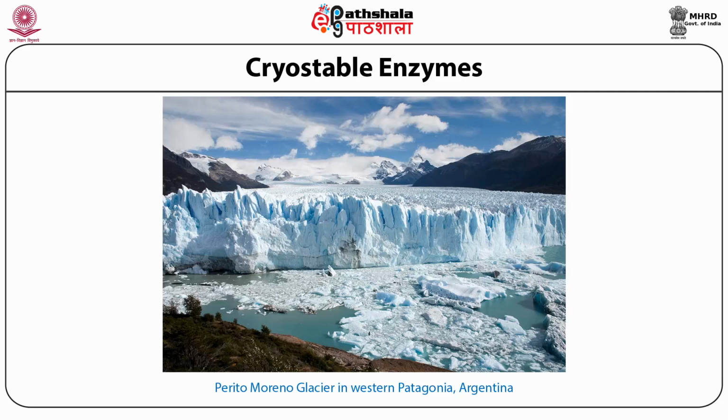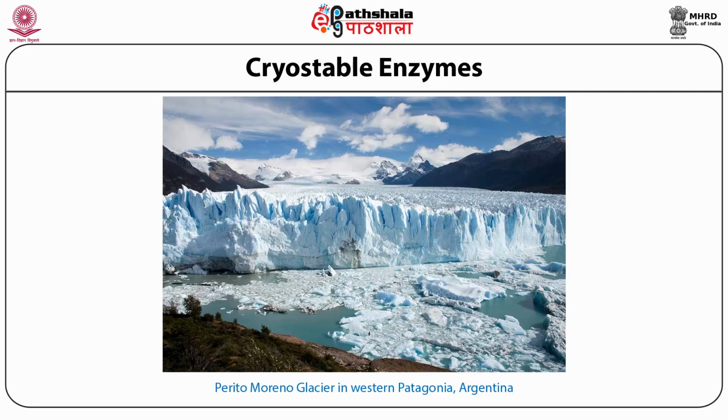As I have already told you, these organisms live at thermal equilibrium with their environment, which means that, in contrast to thermostable enzymes, the cryostable enzymes and the organisms, psychrophiles, which live in these conditions, are in equilibrium with the lower temperature, which can go down to -20, -60.